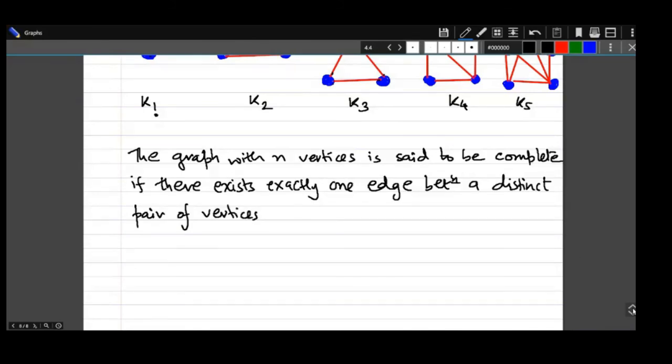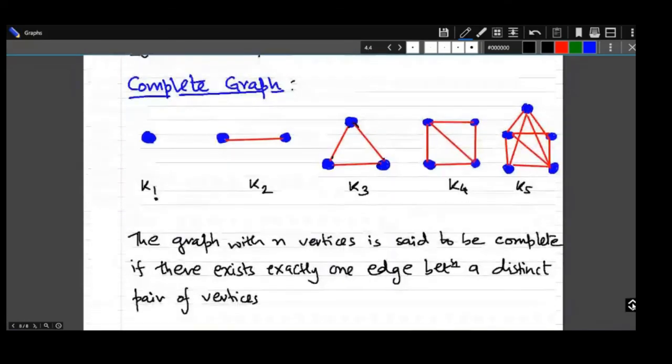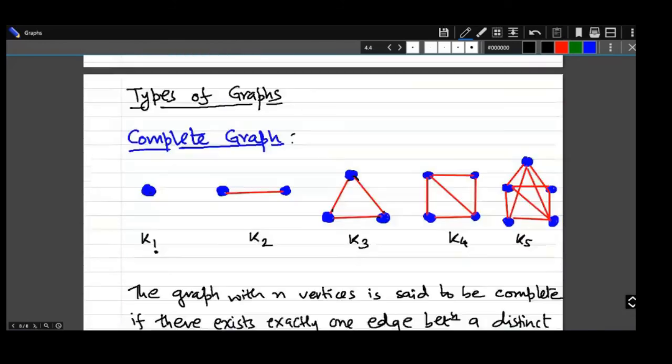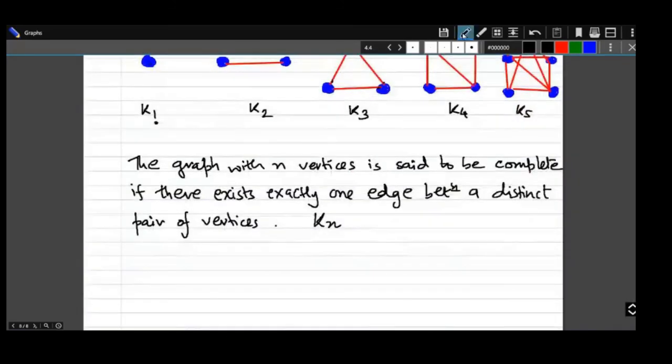Okay, so you take any pair of vertices, you will find an edge, and the graph with n vertices is said to be complete. And how do you represent the complete graph? A complete graph is represented by Kn, where n is the number of vertices. Okay, good, easy.